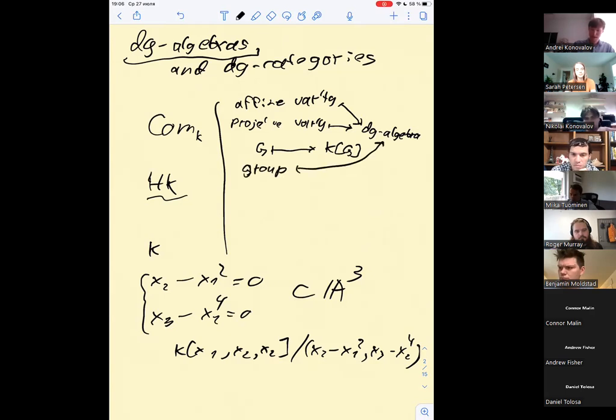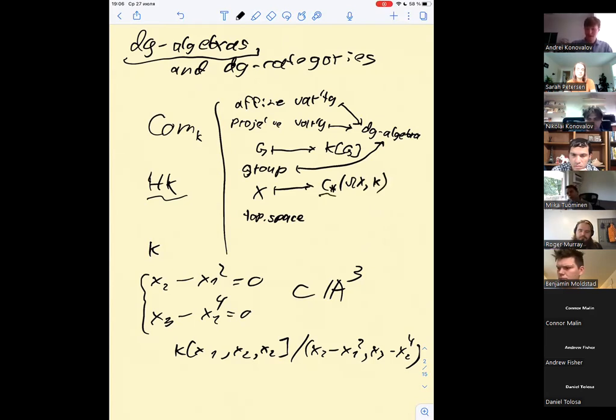dg-algebra. One can generalize this example and consider any topological space X and assign to it the corresponding space of chains on the loop space of X valued in K, for example.